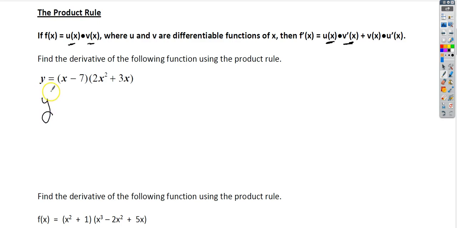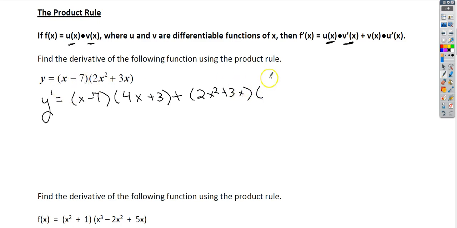Okay, so y prime is going to equal the first times the derivative of this. So, 4x to the first plus 3. And then we add, and then we take the second, just as it is, and multiply it times the derivative of the first, which is just 1.